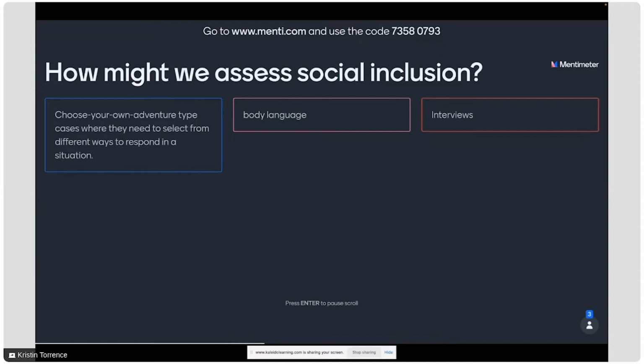Maybe we can take a look at their 360 feedback, interviews, or performance reviews to see code comments around social inclusion. And maybe we have some additional time. We can do some field observations or sit on a Zoom call or two. There's a number of ways that we may be able to assess social inclusion.